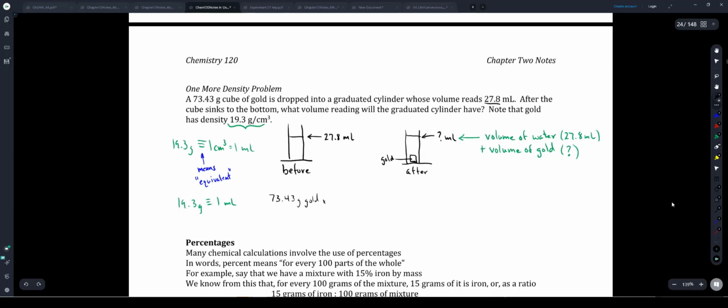I need to convert grams of gold to milliliters of gold. So I just fill in my numbers. What goes in front of grams of gold? 19.3. What goes in front of milliliters? 1.